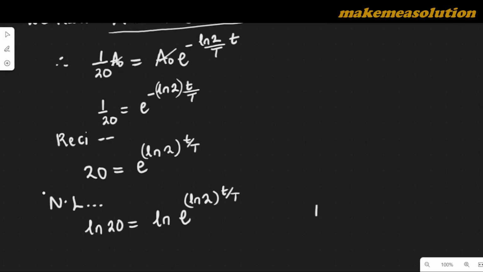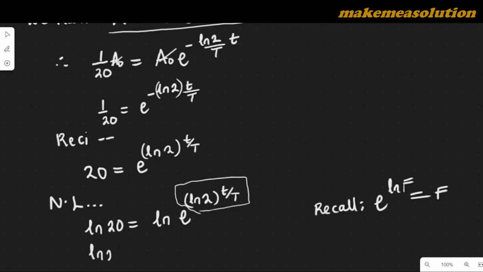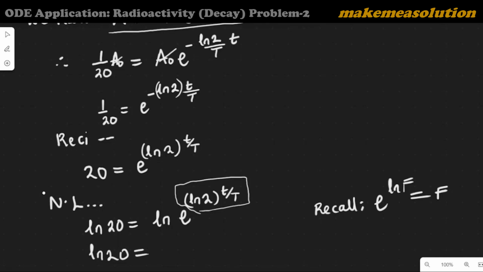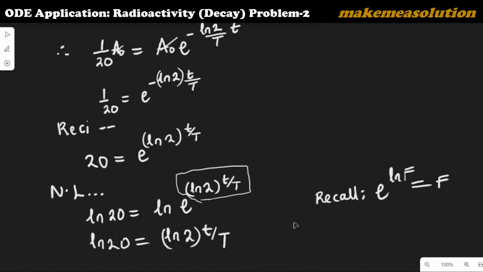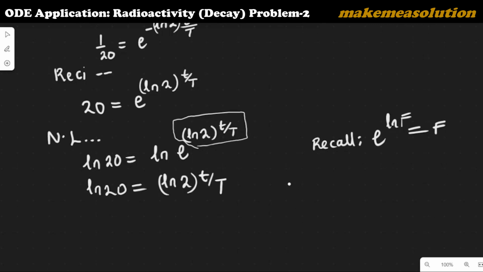And remember that exponential ln f is equal to f. So all these particular things over here is our f. So ln 20 is equal to f, which is ln 2, then you have t over T. So you just need to make small letter t the subject of the formula.